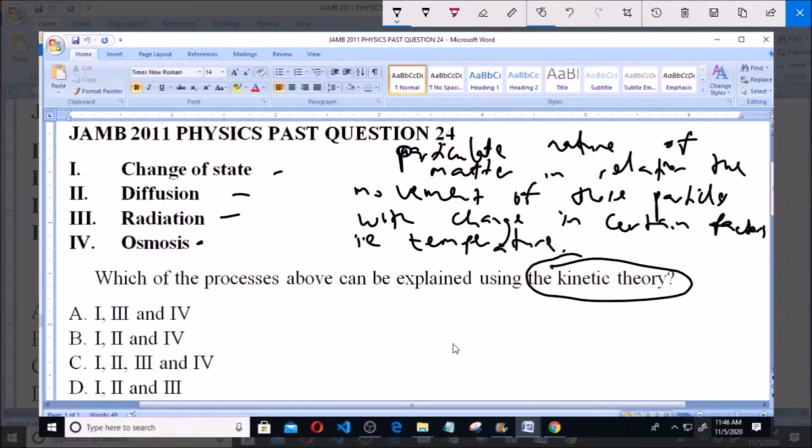So that is what the kinetic theory is all about. So which of the following processes given to us can be explained using this kinetic theory or kinetic idea?